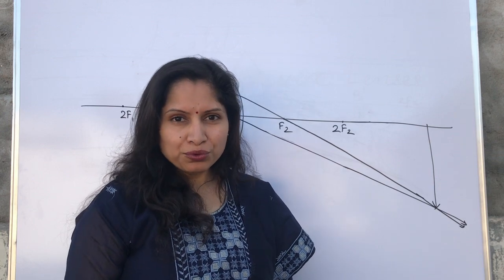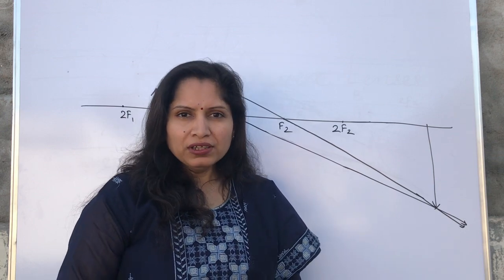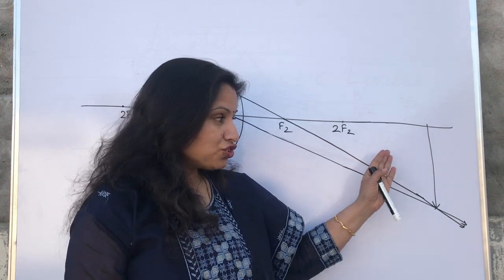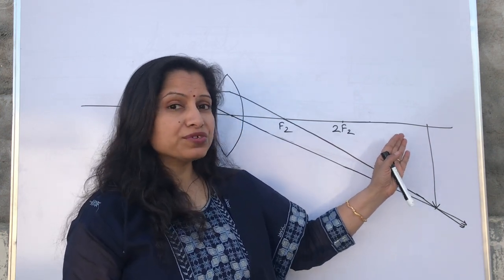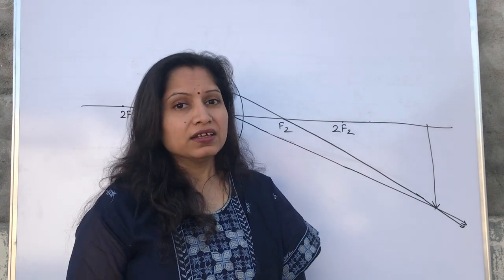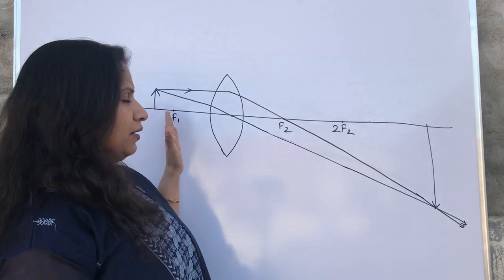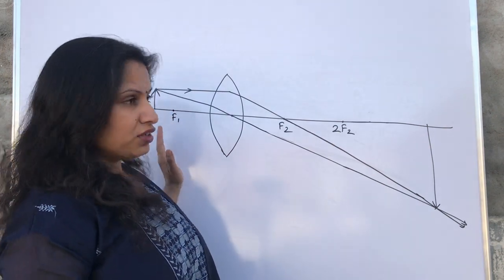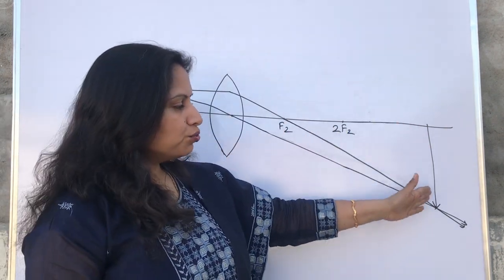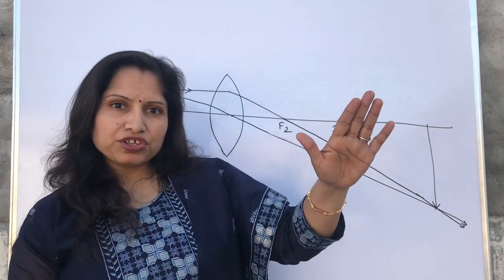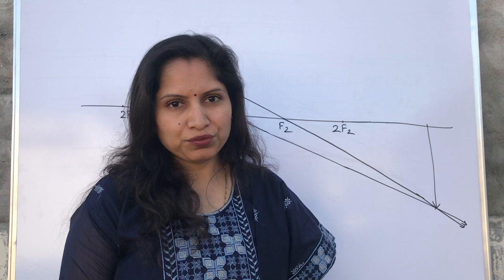When you go for a movie, in a movie hall, the image that you are seeing on the screen is actually the image formed using a convex lens. The object, that is the roll of the film that is played, is placed between F1 and 2F1, so that you get a huge, large image of that from the projector on the screen of the movie hall.